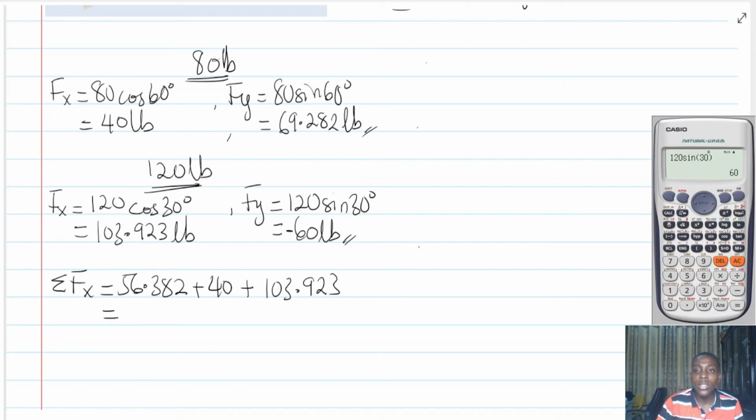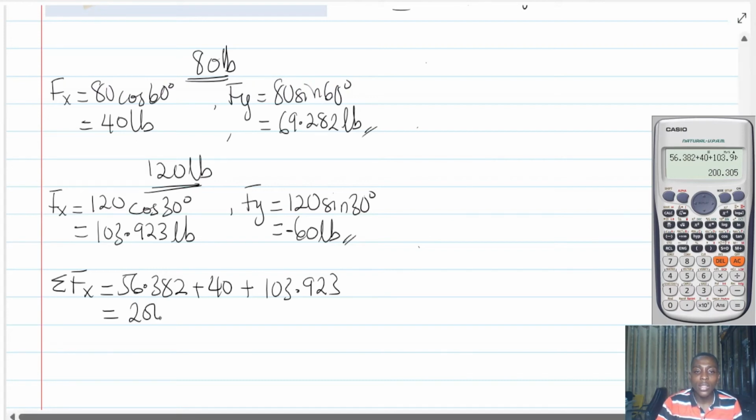So 56.382 plus 40 plus 103.923. And what is that? That is going to be 200.305 pounds.